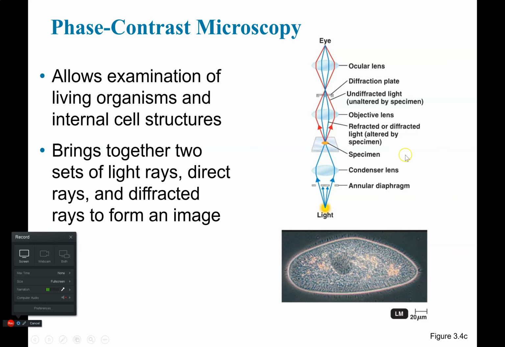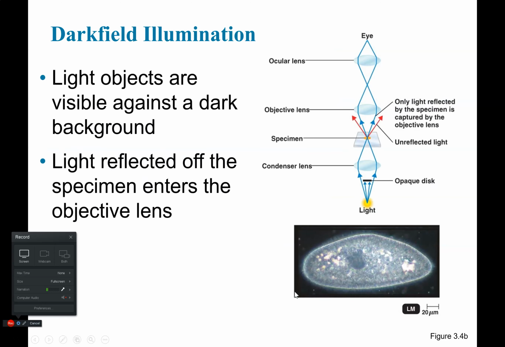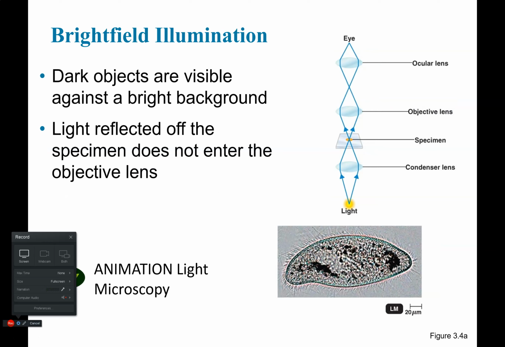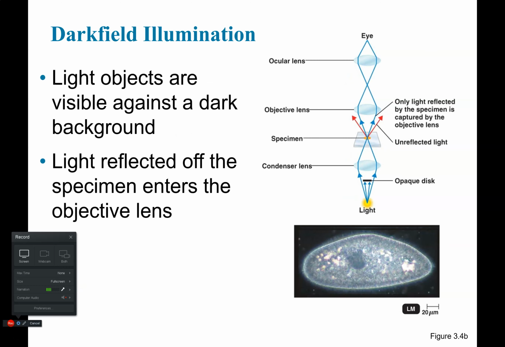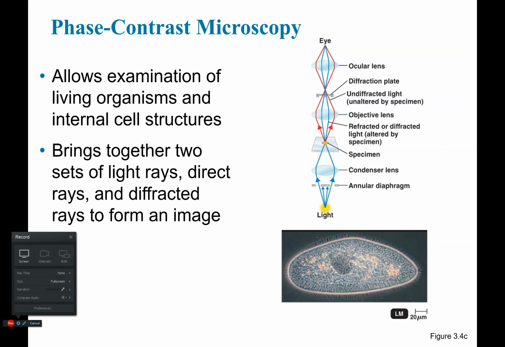But you can see from the image here, and all three of these images so far have been the same organism, a paramecium, which is a single-celled eukaryote in the protozoa group. And so you could compare the different appearance that you can get with the different types of microscopy.